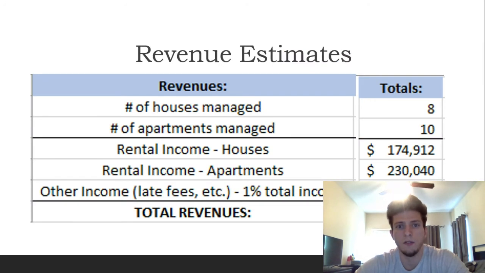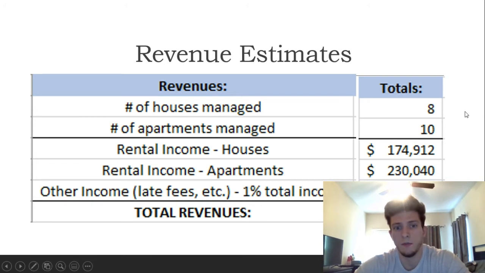So the revenue estimates that I got, I just kind of took a number that I felt comfortable with and said with the $20 million loan that we could get about 8 houses and 10 apartments. Like I said, that's just one apartment, not the entire apartment building.